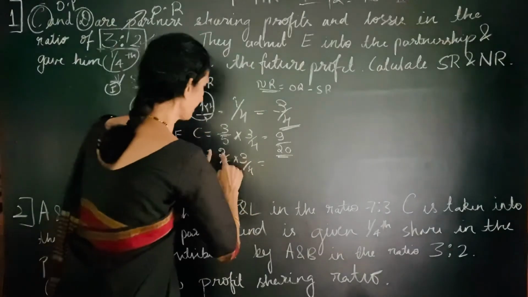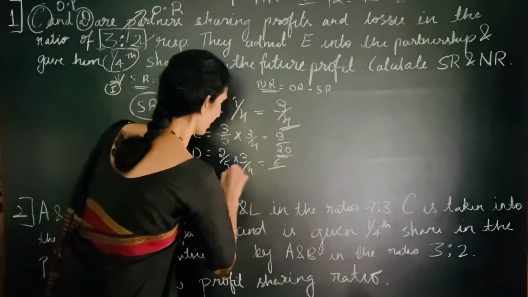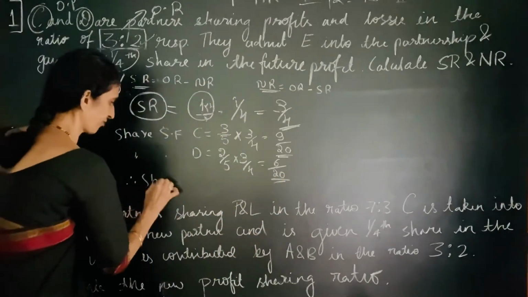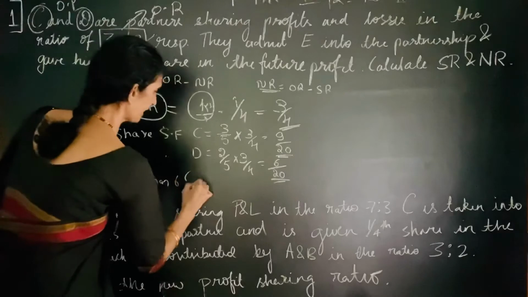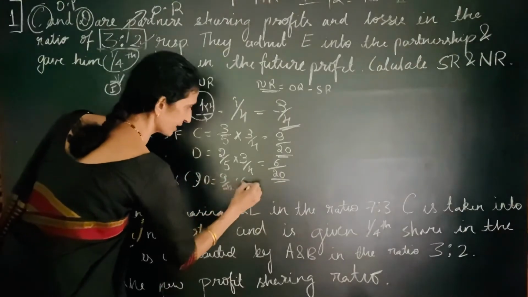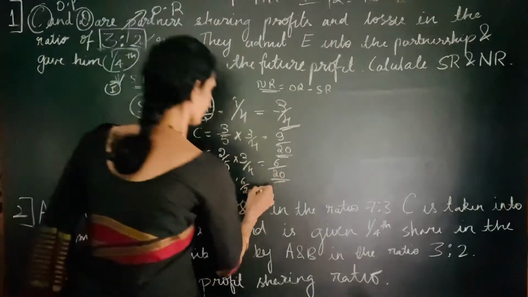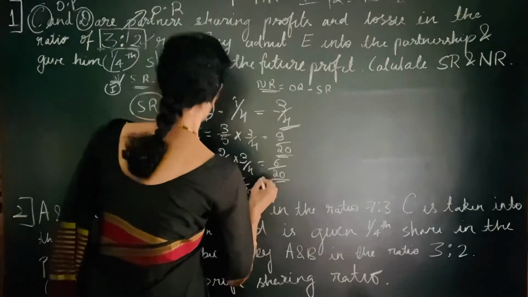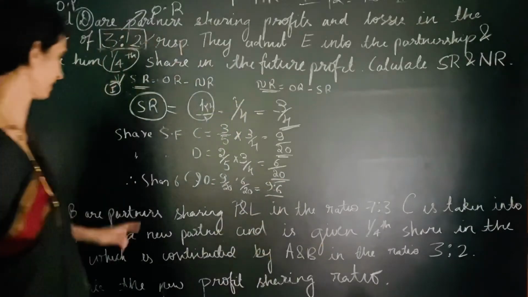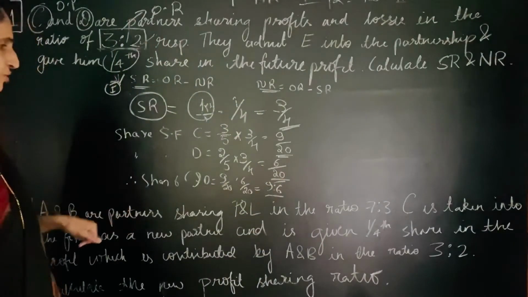Once again multiply: 3 into 2, 6; 5 into 4, 20. Therefore, the share sacrificed by C and D is 9/20 is to 6/20, or 9 is to 6. So it is the sacrifice ratio.